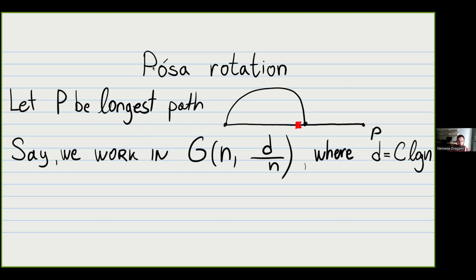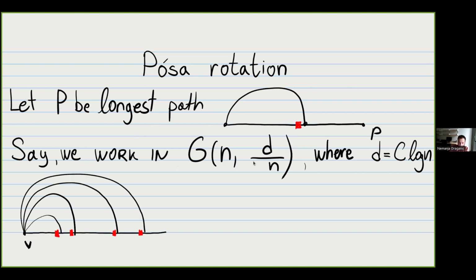Okay, so say we work in a binomial random graph, and exactly as in the setting of Pósa, say your average degree is a big constant times log n, and let's try to find a long path inside of such a graph. So look at the longest path, look at the vertex here, which is an endpoint, and look at all of its neighbors.